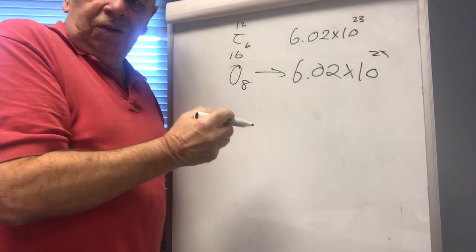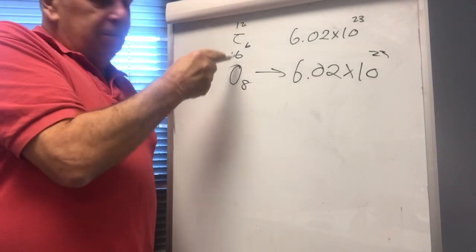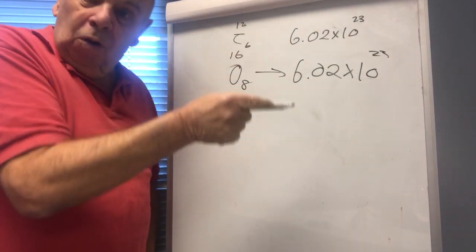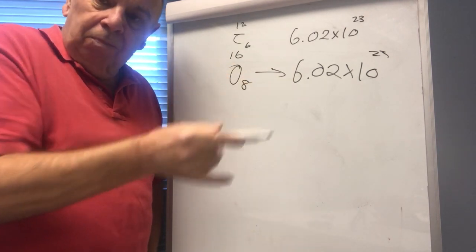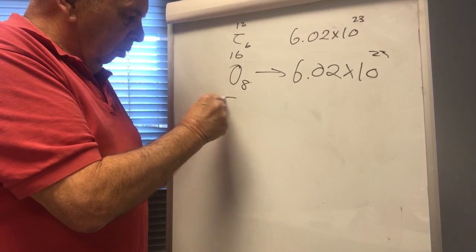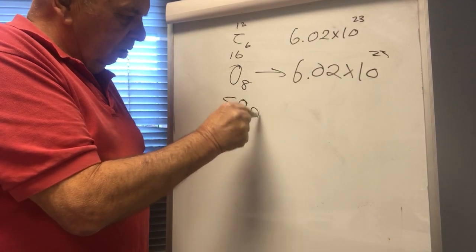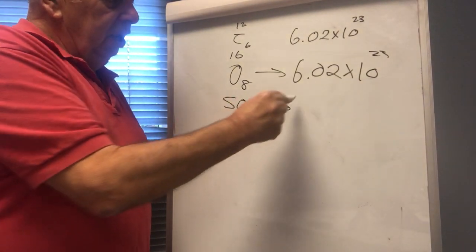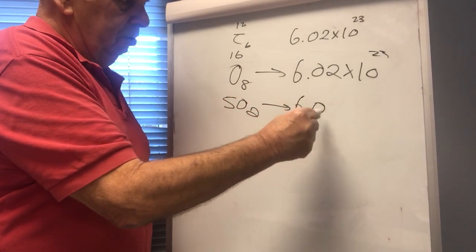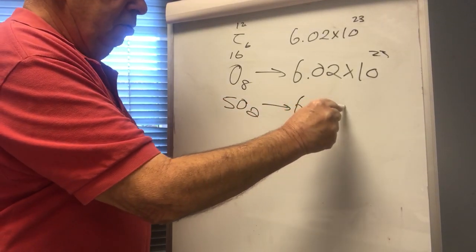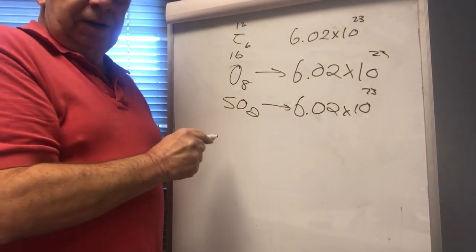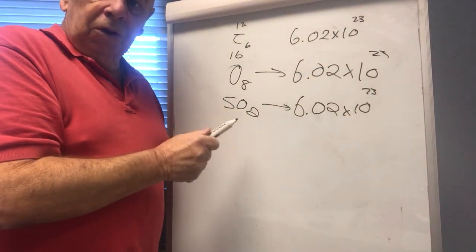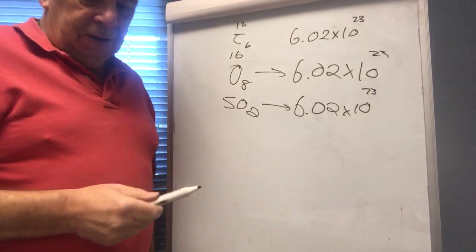So if I took the atomic mass of any element or the relative atomic masses of a compound, let's take another one, sulfur dioxide, SO2, a gas, it also contains 6.02 times 10 to the 23 molecules of sulfur dioxide.